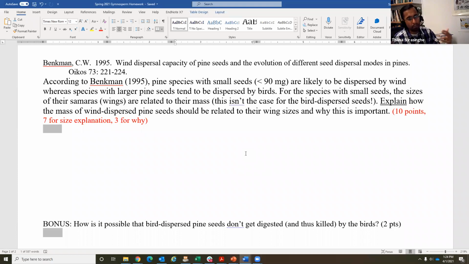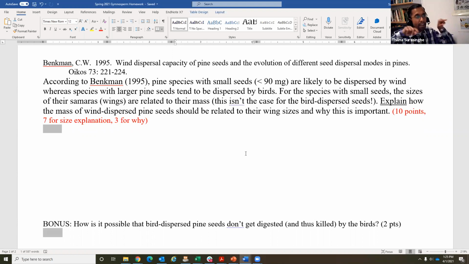But if you put a lot more nutrient, permit the embryo to grow larger, and put a thicker covering, then you have a larger seed which will survive better, but it's not going to get carried away. One way to overcome the larger seed size is having additional structures that will suspend it in the air longer, helping the seed hover in the atmosphere.